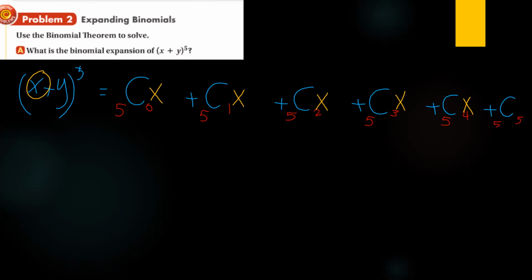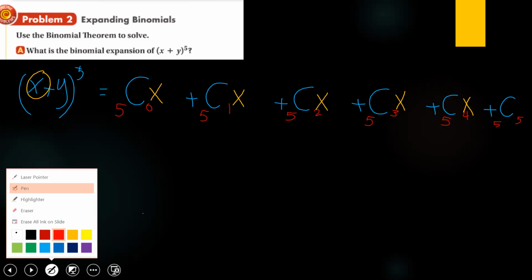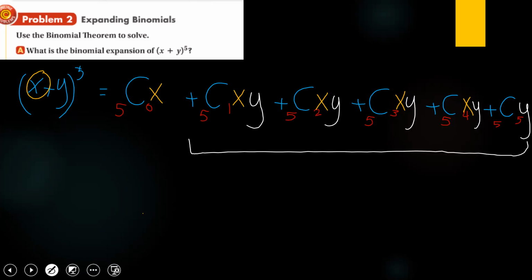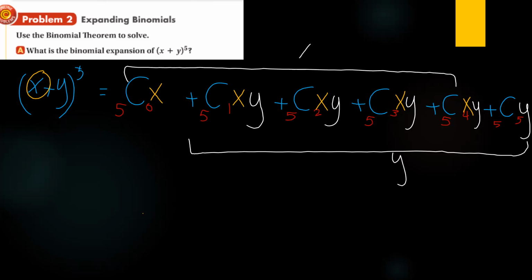Then we have y. Skip the first one and write y from here to here, and x from here to here.